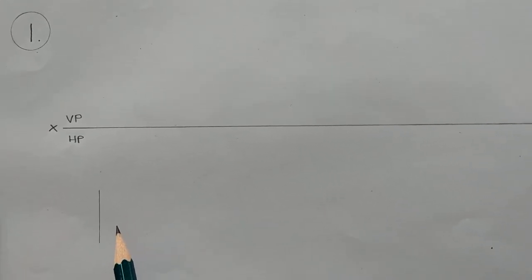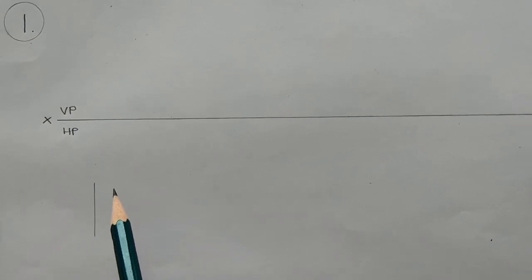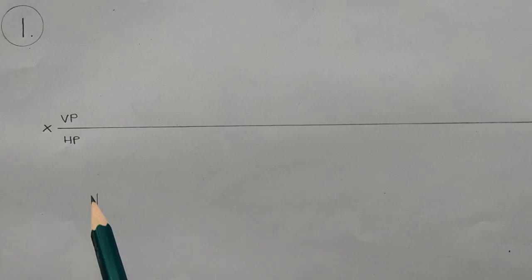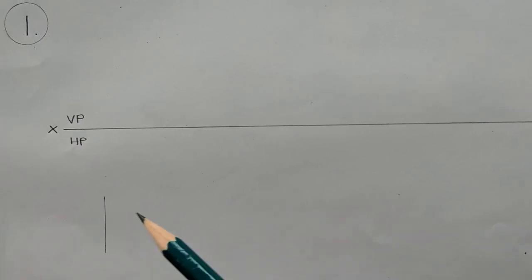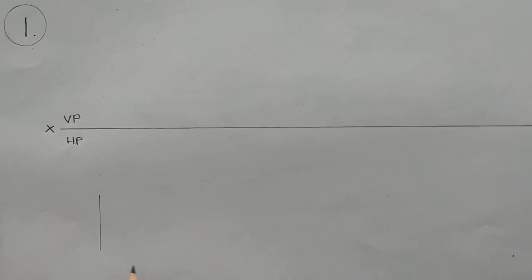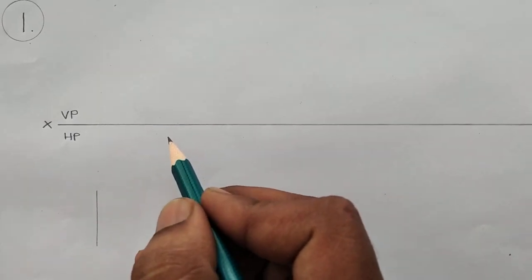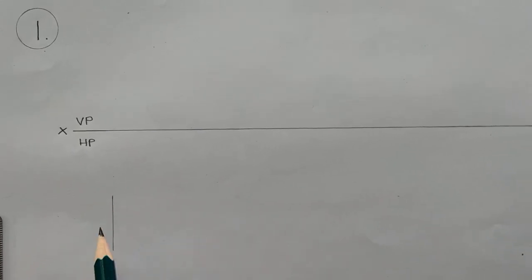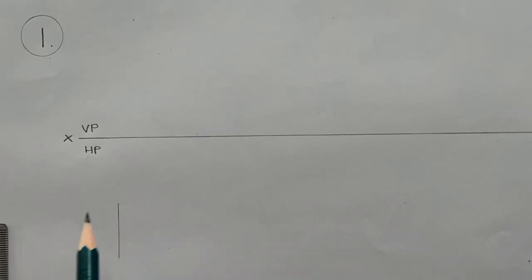So already we know the inclination between the two edges in the horizontal plane, that is 120 degrees. So initially we should construct this particular line. Suppose when the corner is in the horizontal plane, initially we should construct a line parallel to the reference line, but in this particular problem the side is in the horizontal plane, so that is why we should keep that side on the left side in the simple position.